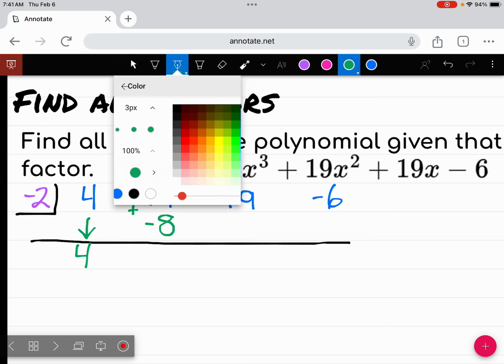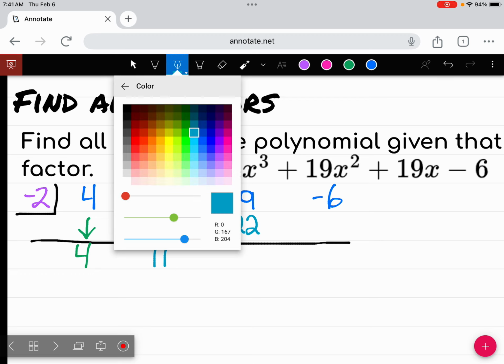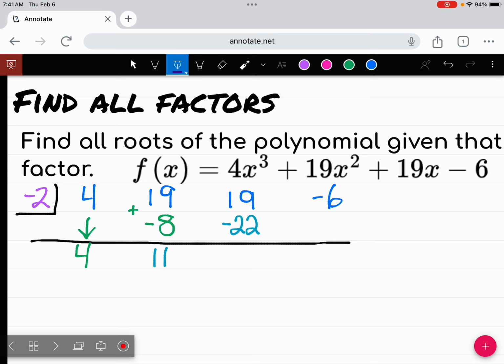That's going to give us a negative 22. We're adding those together. 19 plus negative 22 is going to give us a negative 3. Negative 3 times negative 2 gives us a positive 6. And we're going to end with a remainder of 0.